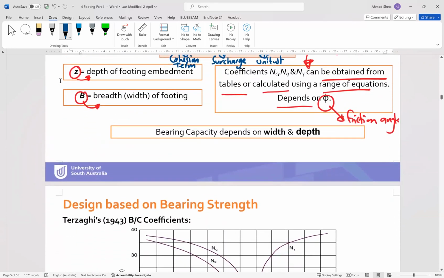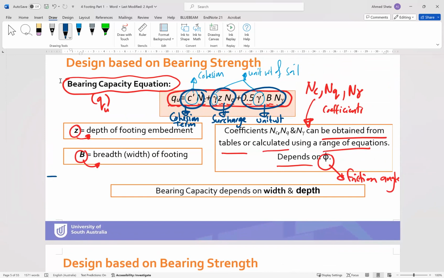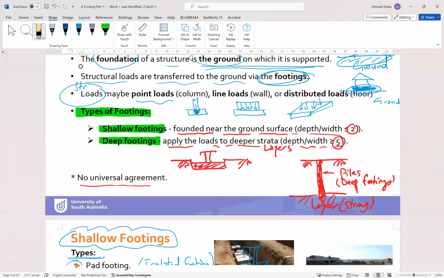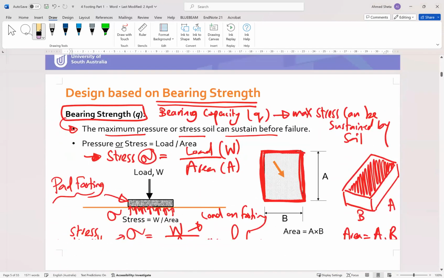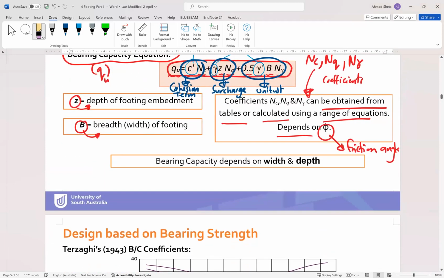Before we go deeper, I just need to explain B and D here. So if this is our footing, on the slide here.